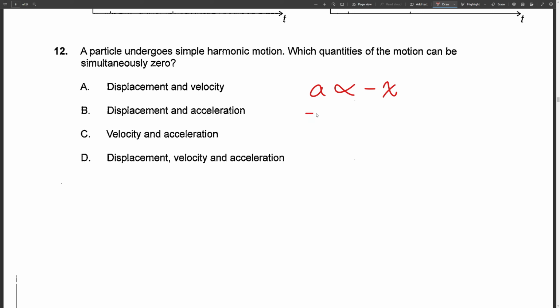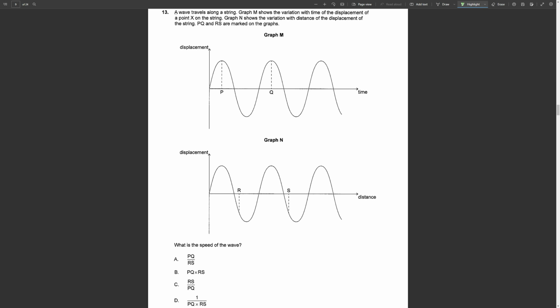When a is 0, x is 0. So which of the quantities of the motion could be simultaneously 0? a and x. Acceleration and displacement from equilibrium point. B is the answer.